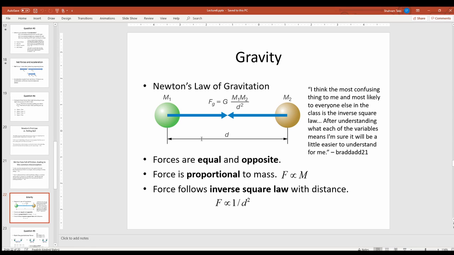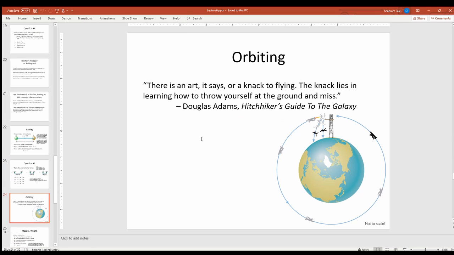These forces are equal and opposite, so the force between Earth and the Sun is the same force from the Earth to the Sun and from the Sun to the Earth. It's proportional to the mass and inversely proportional to the square of the distance.